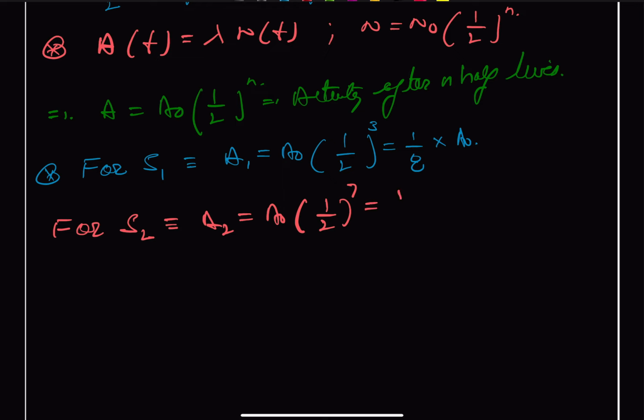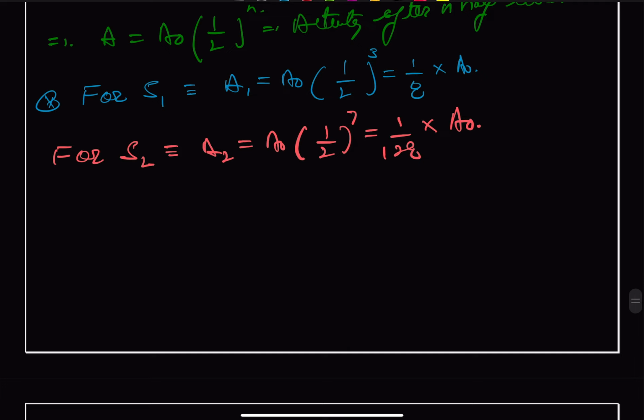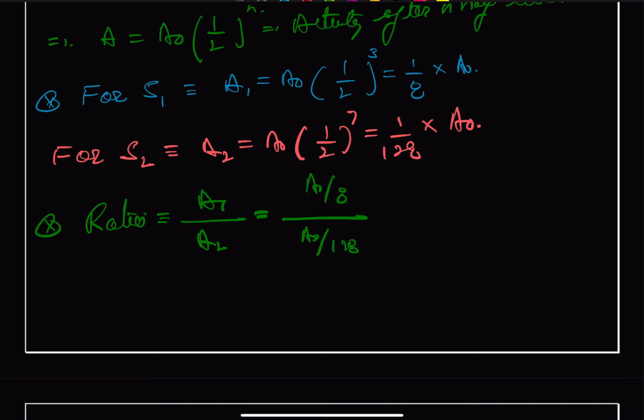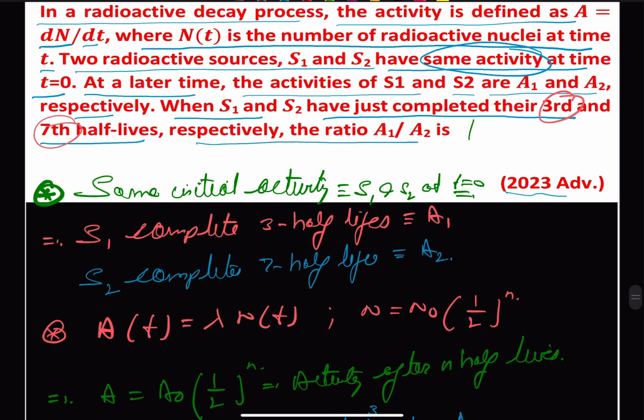So this comes as 1 by 128 times A naught. Now we can easily find out their ratio, that is A1 to A2, is equal to A naught upon 8 divided by A naught upon 128, and this comes as 128 divided by 8, giving us 16. So answer is 16.